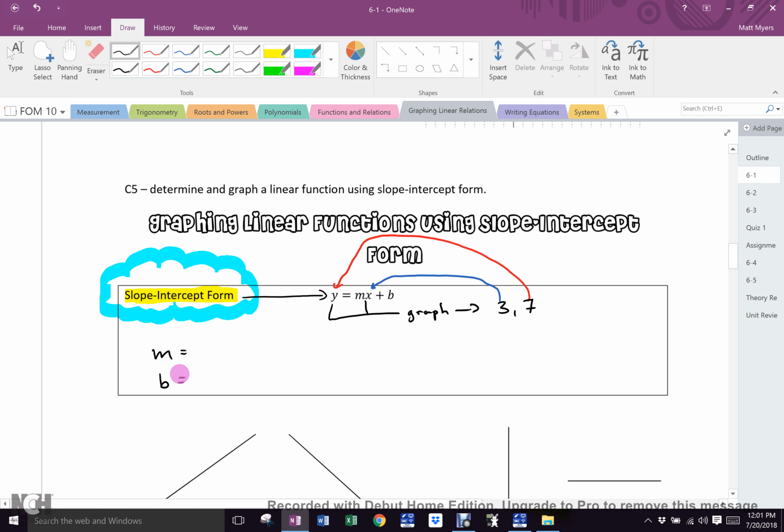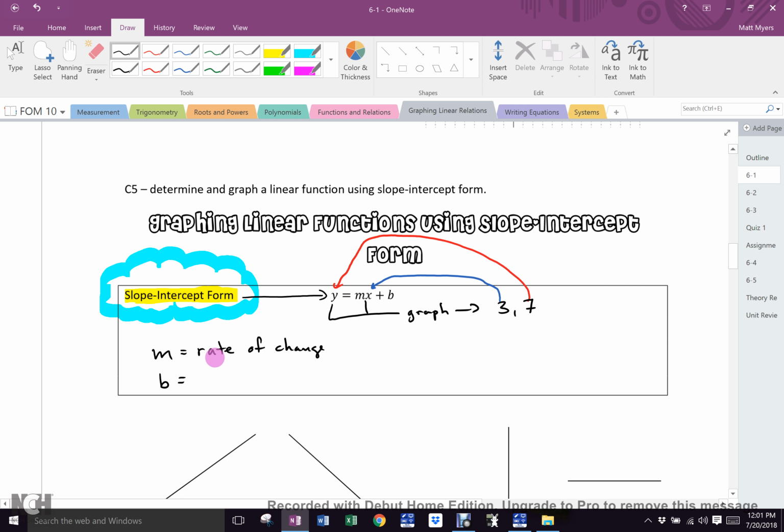Is everybody cool? Now, that means we're left with M and B. Right? M is the rate of change. Now, if we had kilometers and hours, the rate of change is the speed, kilometers per hour, right? If I had meters and minutes, the rate of change is meters per minute. Do I have values here, or do I have X and Y?